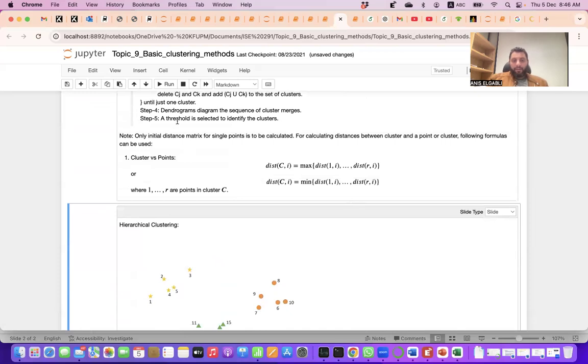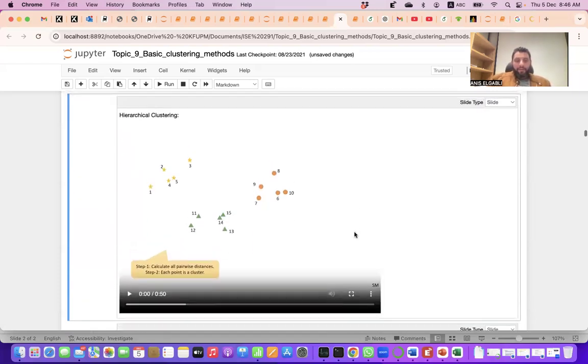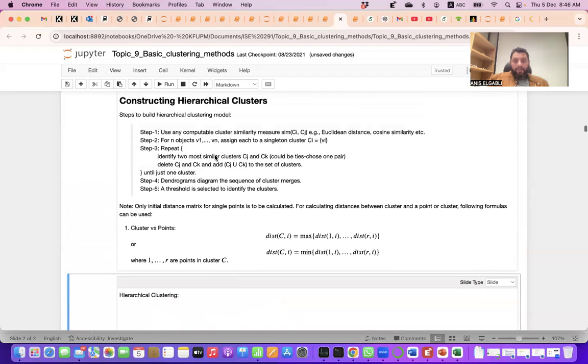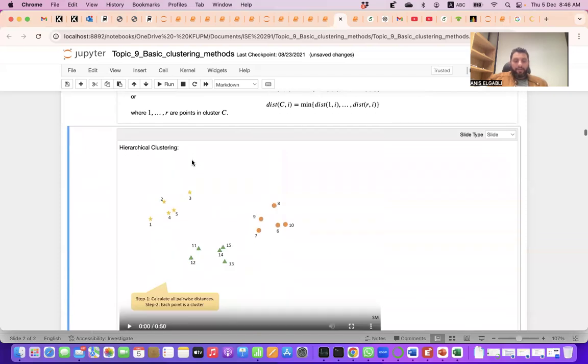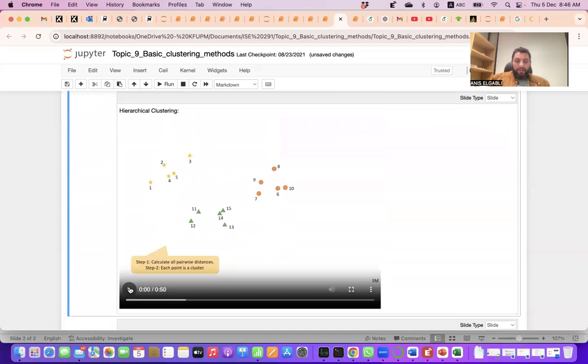What do we mean by a threshold? These can be explained better as we look at the example. Now let's look at this figure here and see how these steps work, visually. Before we start, let me ask you a question.